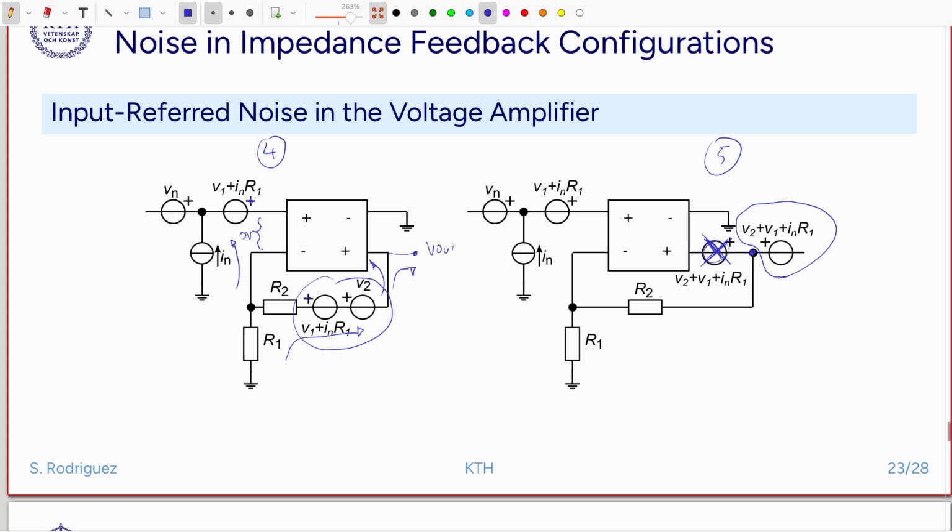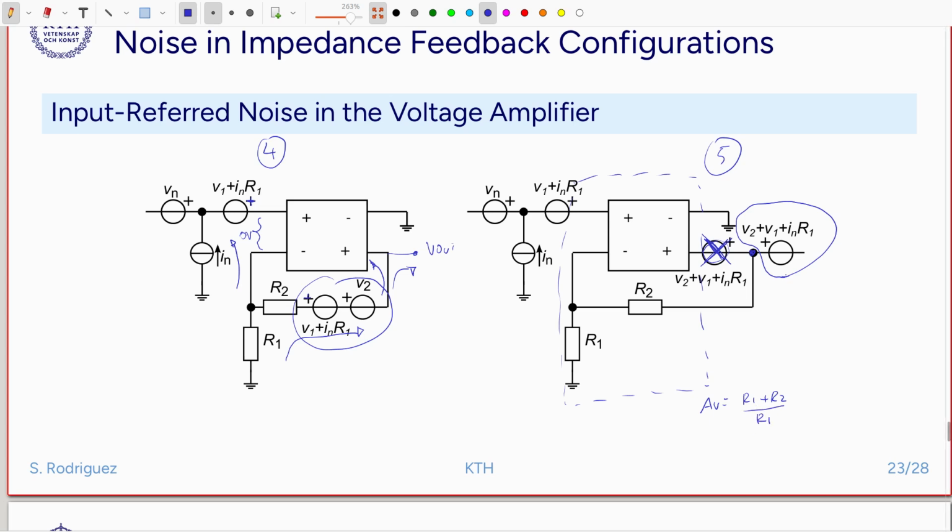And then what we can do now is move this one towards the input, and for that we're going to remember that this block has a voltage gain equal to R1 plus R2 divided by R1.